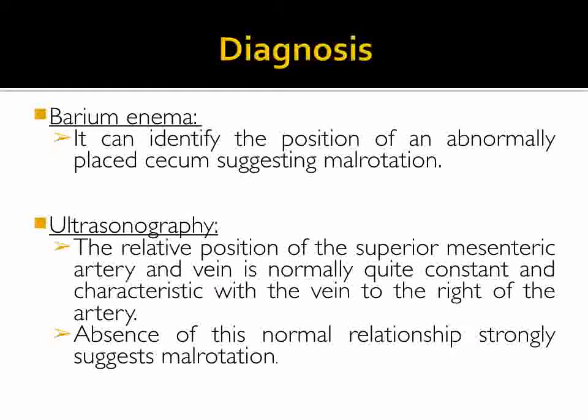Okay? Okay. We can do an ultrasonography. The ultrasonography with Doppler study to identify the position of the superior mesenteric vessel. Normally, we have a superior mesenteric artery and superior mesenteric vein, and there is a constant relationship between the artery and the vein, meaning that the vein is to the right of the artery.